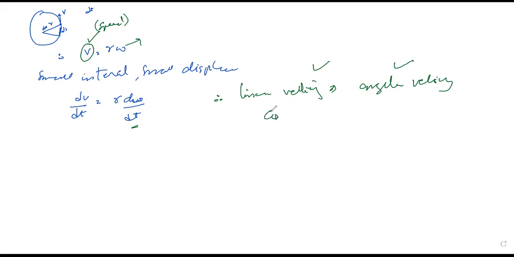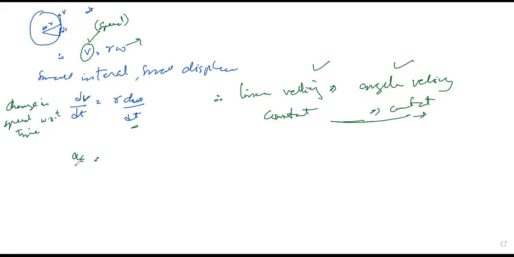If this remains constant, then ultimately this will be constant, as we will see in the next relationship. Here, when the velocity is changing in magnitude, it means this is a change in speed. Remember that this is change in speed with respect to time, which gives us tangential acceleration, as we discussed earlier.